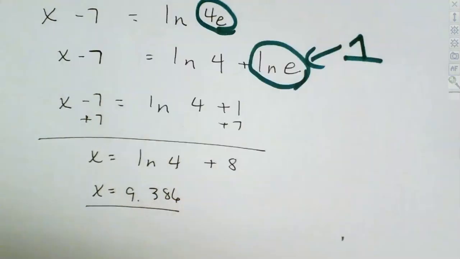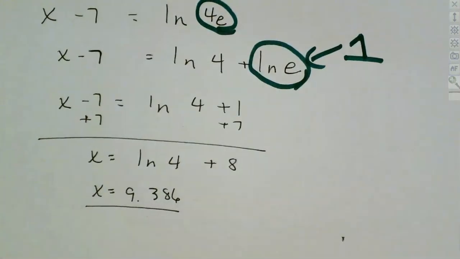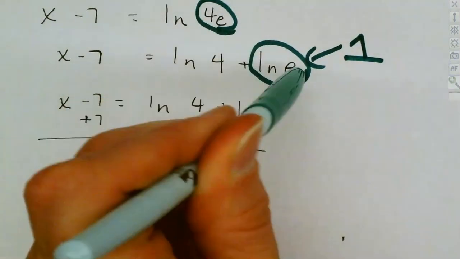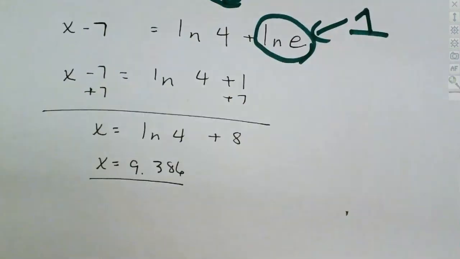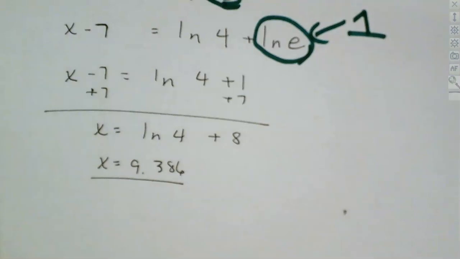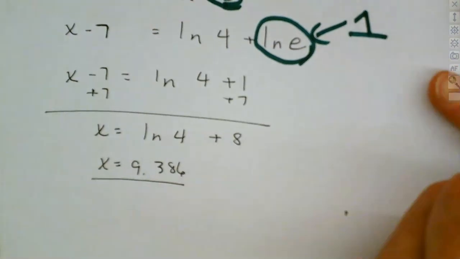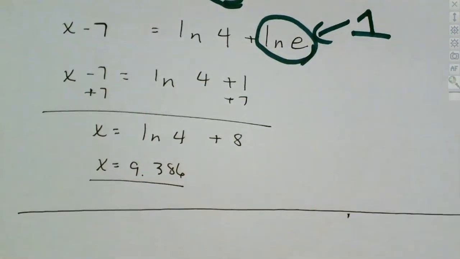I usually just break it up and use the fact that natural log of e is what? 1. That makes it easier. That way you don't have to plug in an e to the first power. But it'll give you the same answer if you use your calculator with the e instead of splitting it up. So that one was a little bit tricky because we had to use different properties.